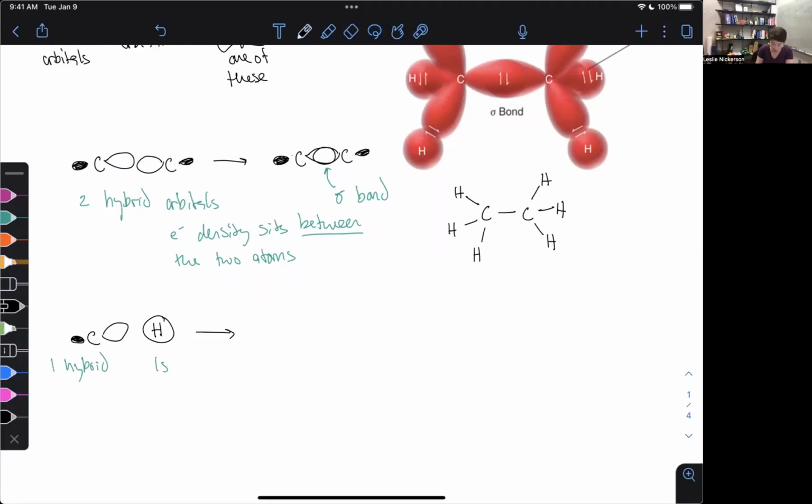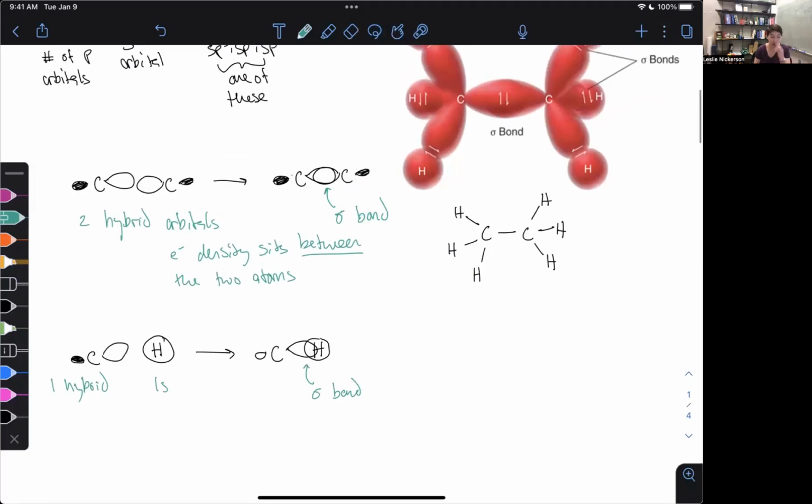When those two things combine, we get a picture that looks kind of like this, where we still have that electron density in between the two atoms, but we just have that s overlapping with that hybridized orbital. And that's also going to form a sigma bond for us.